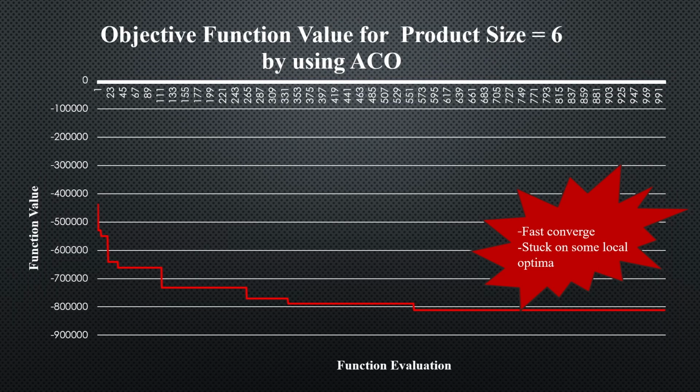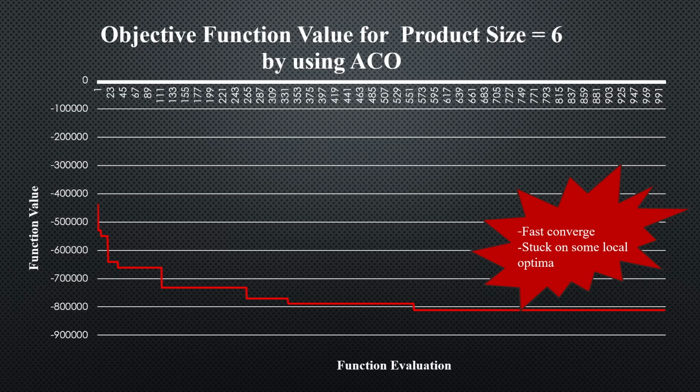While the ant colony optimization algorithm demonstrates high efficiency in solving large-scale problems, an analysis of the convergence curve, specifically looking at the objective value versus the number of function evaluations, reveals that the algorithm converges quite rapidly.